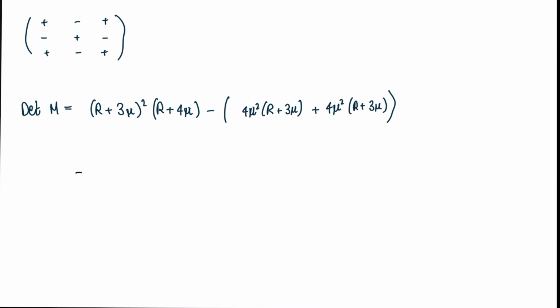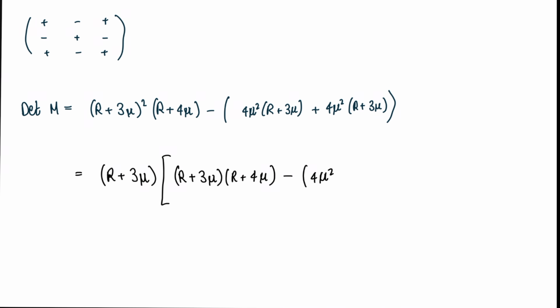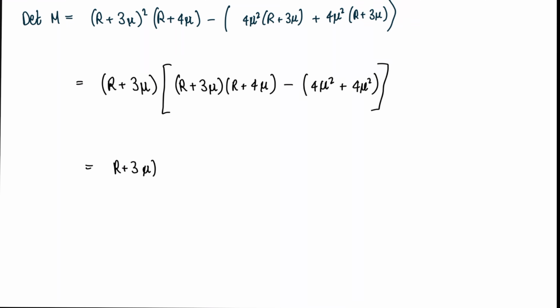What I'm now going to do is just factorize out r plus 3 mu as it's present everywhere, and we get (r plus 3 mu) times (r plus 4 mu minus 4 mu squared plus 4 mu squared). And so expanding the brackets, we get r squared plus 7 r mu plus 12 mu squared minus 8 mu squared.